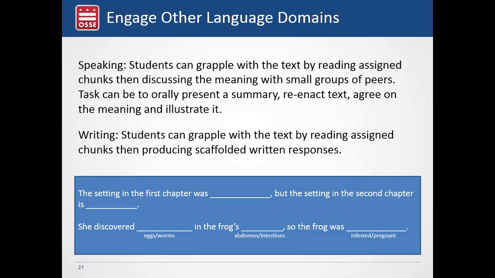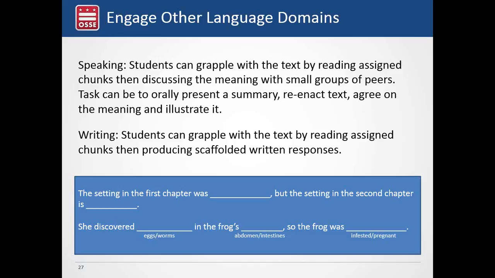And the scaffolds are in the blue box below, right there, sentence frames with some language provided for the student, and then they have to fill in the blanks based on what they know. The second sentence frame there has words for them to choose from under the line, and then they write the words onto the line.